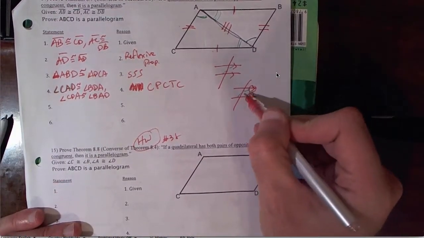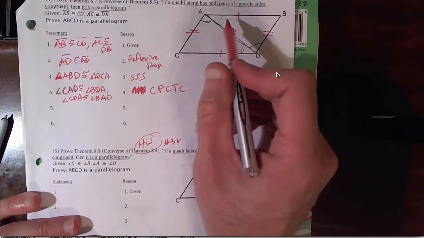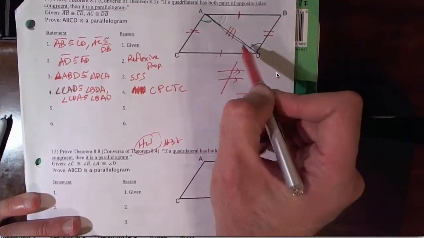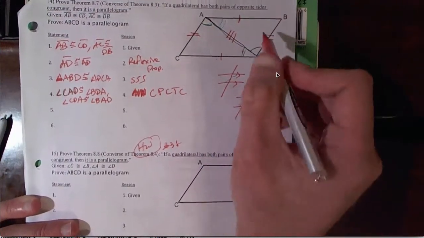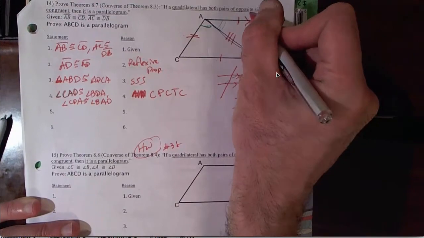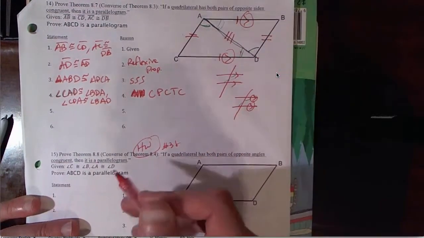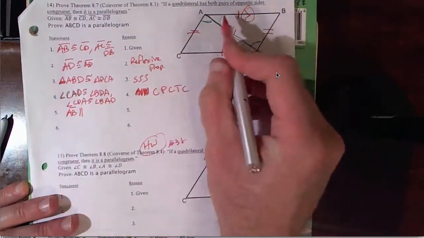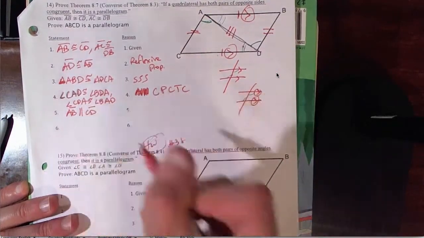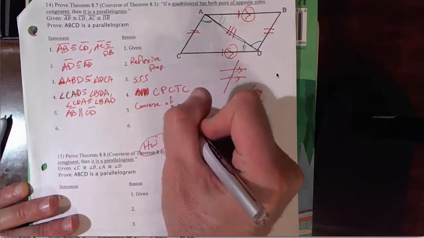It's just the reverse, and that's exactly what we have here. Look at these alternate interior angles. So because alternate interior angles are congruent, I can say that this is parallel to this by the converse of the alternate interior angles theorem. So I can indeed say that AB is parallel to CD, by the converse of alternate interior angles.